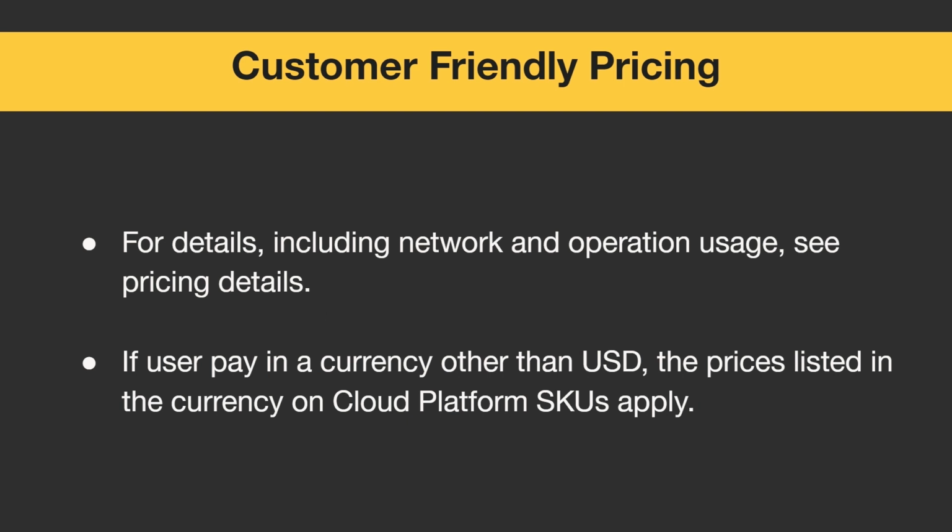For details including network and operation usage, you can see the pricing details. If a user pays in a currency other than USD, the prices listed in that currency on the Google Cloud Platform SKUs apply. So remember, every region has a different price option available.